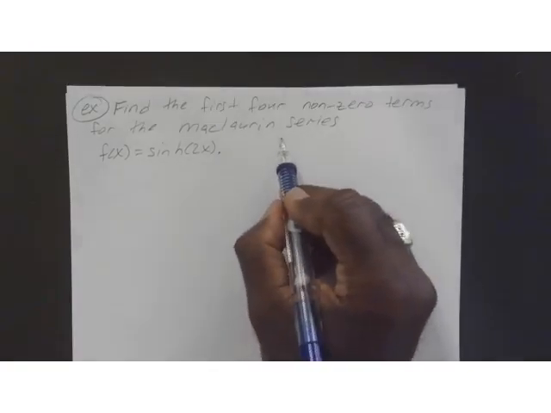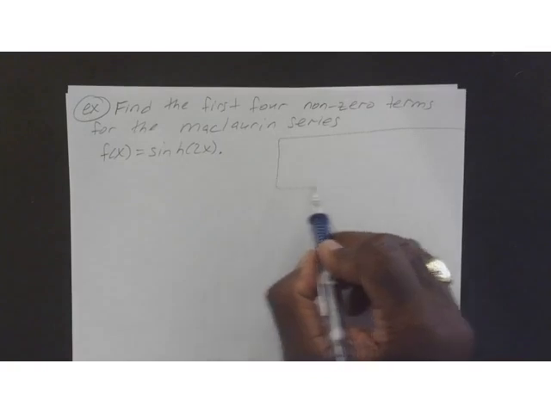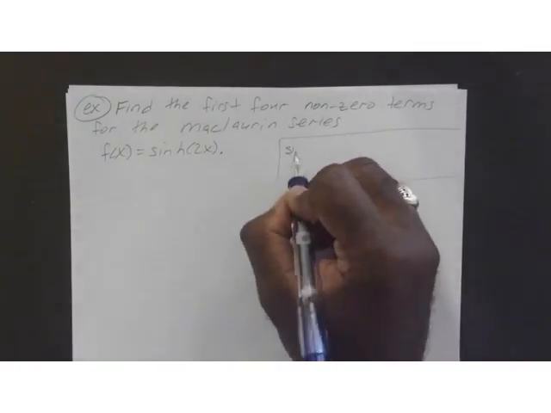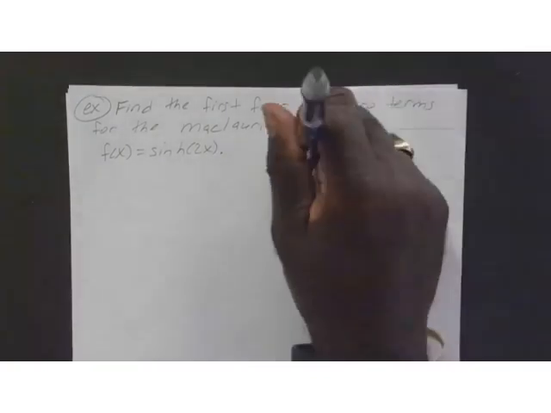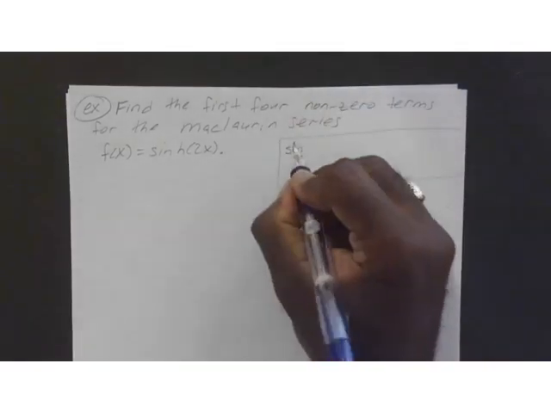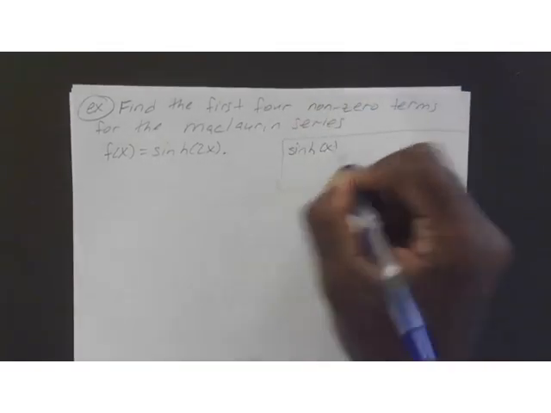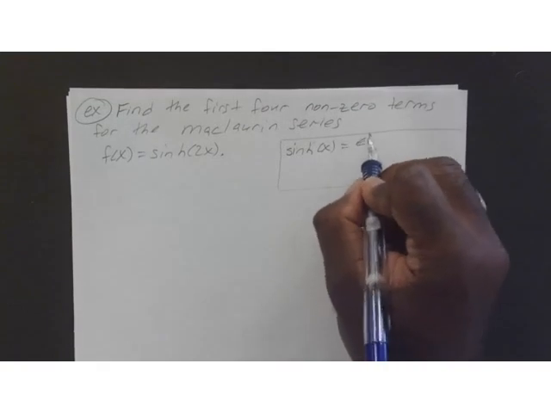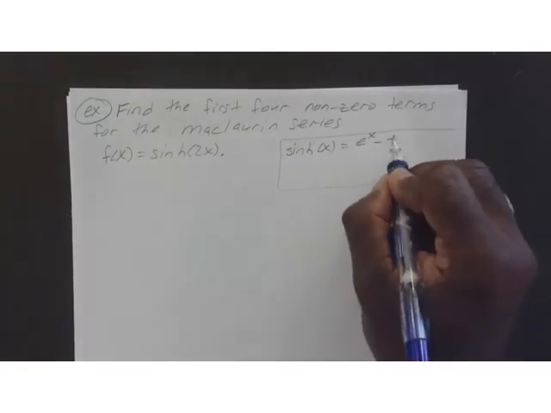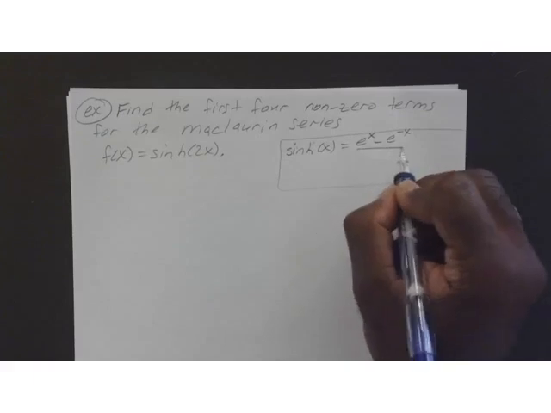Okay, now with this one, you just want to remember that the hyperbolic sine of x is equal to e to the power of x minus e to the power of negative x, divided by 2.